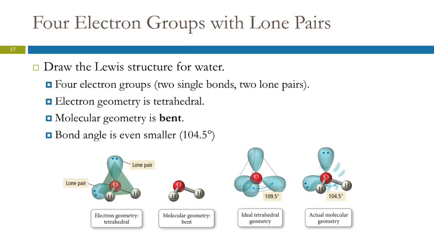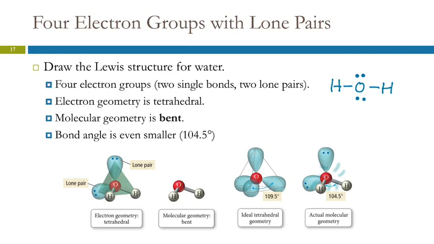So let's look at water. Draw the Lewis structure for water, it says, okay? H-O-H. That's not an H. Look at the central atom. How many electron groups? 4 groups.